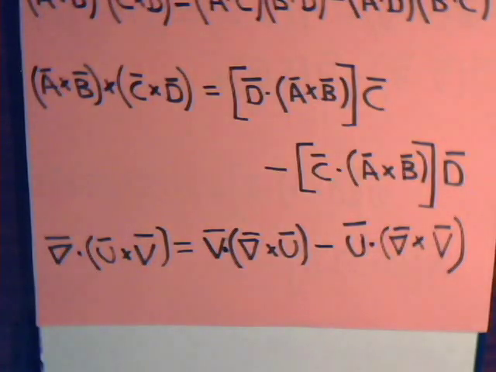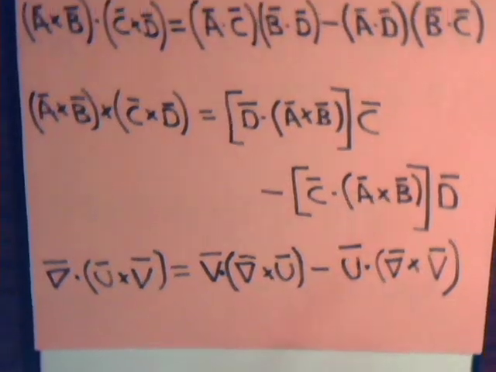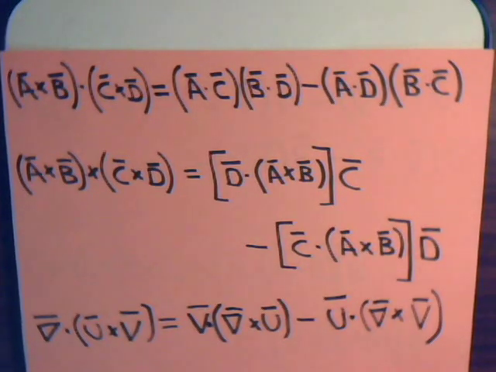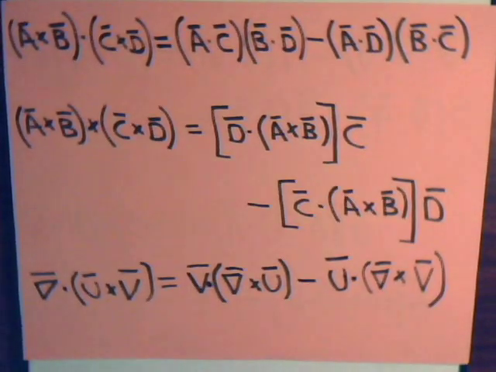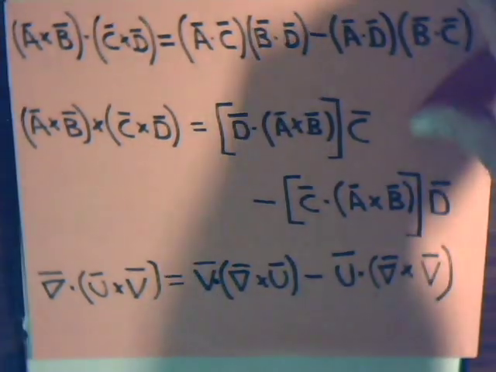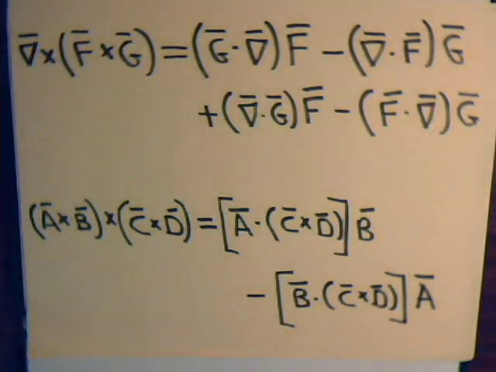Some of the vector identities that we'll encounter in future videos will have this. We'll prove this one. Here's another one that we'll look at. Here will be another vector identity that we will prove, and we will also have these included amongst our repertoire.